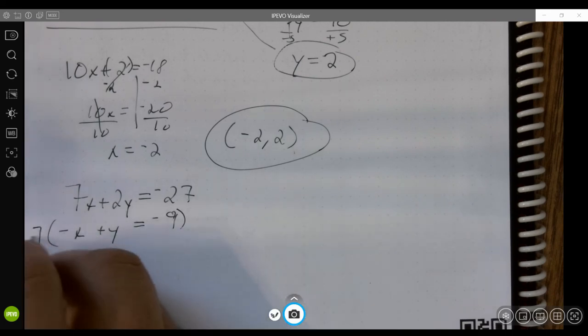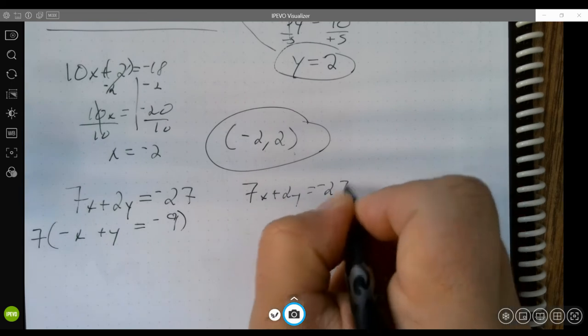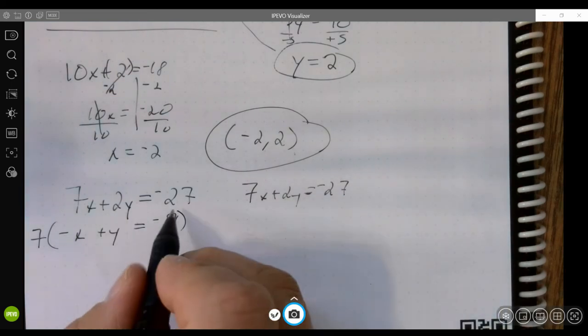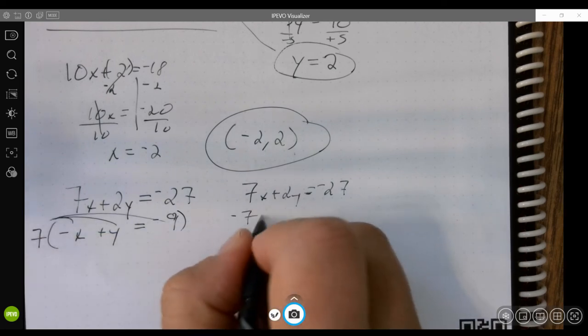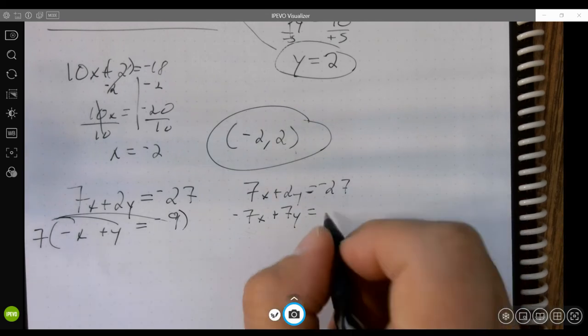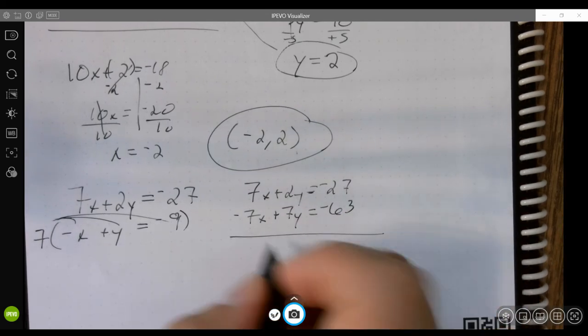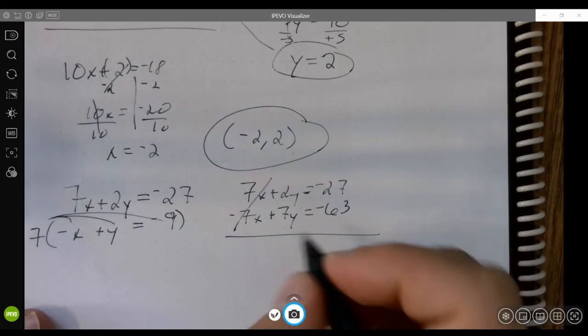How do I change that to a 7? I multiply the whole row by 7, and then I rewrite top row, bottom row. 7 times negative x is negative 7x, plus 7y equals 7 times negative 9 is negative 63. I got what I wanted. I can eliminate the x's.